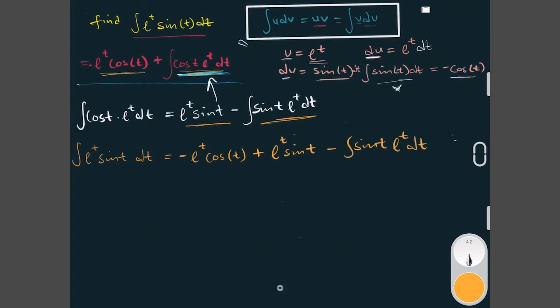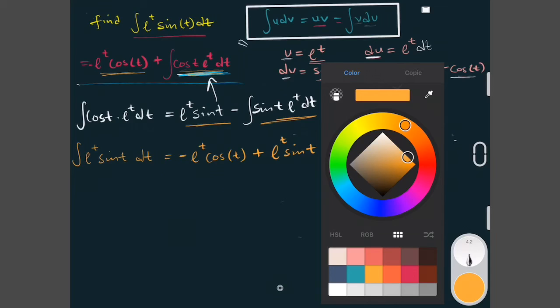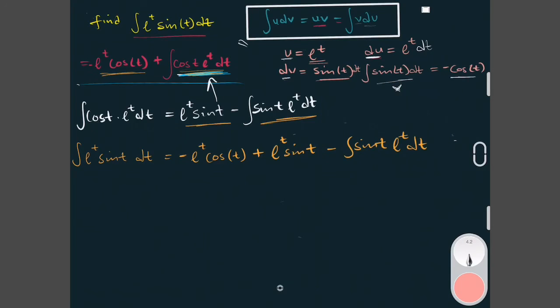Yeah, I know you might be thinking, well, isn't this exactly where we started? Like, we haven't made any progress at all. We just went in a circle, but this is very acceptable. This is the same as this, so we can just solve. We could add this to both sides, right?